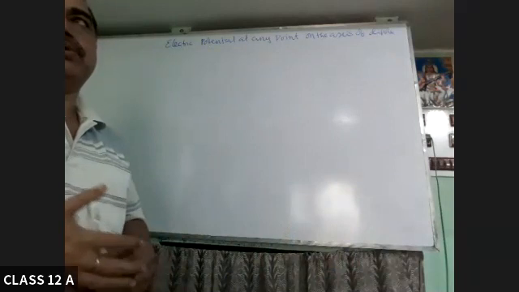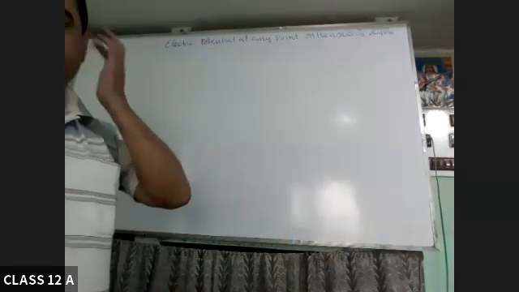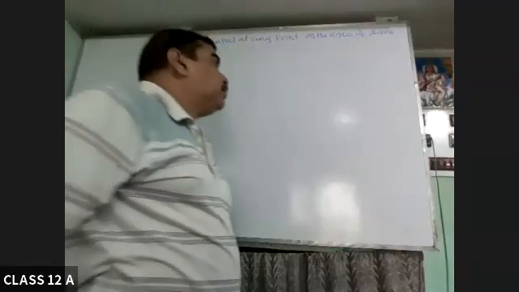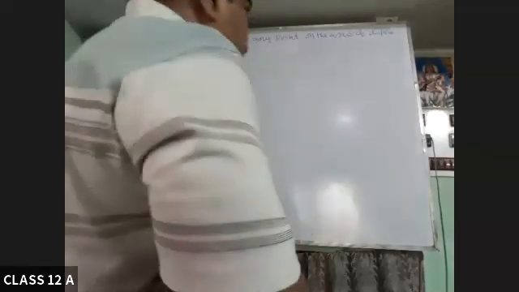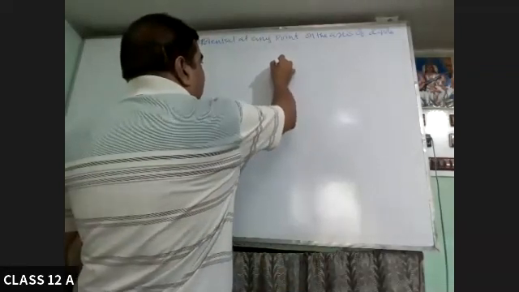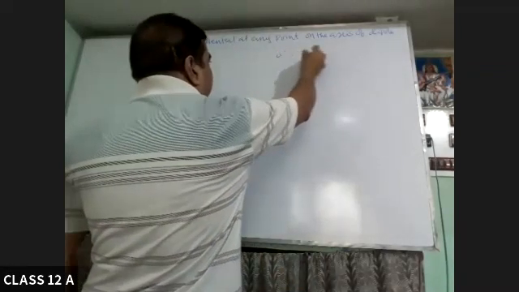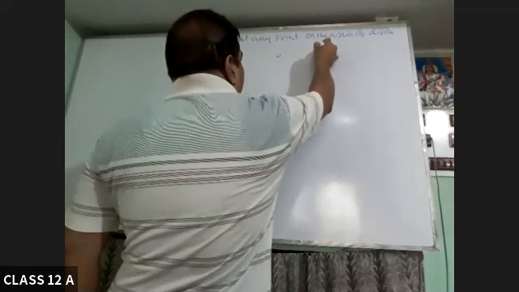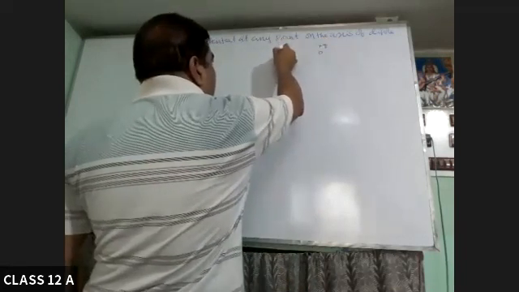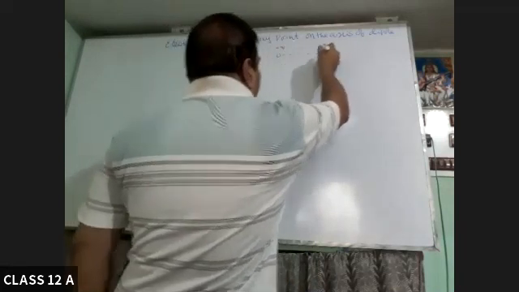That is the end-on position. So for that we will consider a dipole. Maybe this has plus Q charge, this has minus Q charge, and this is the dipole axis.